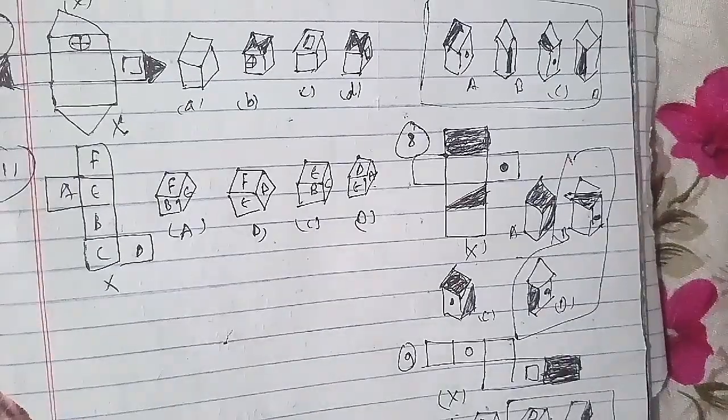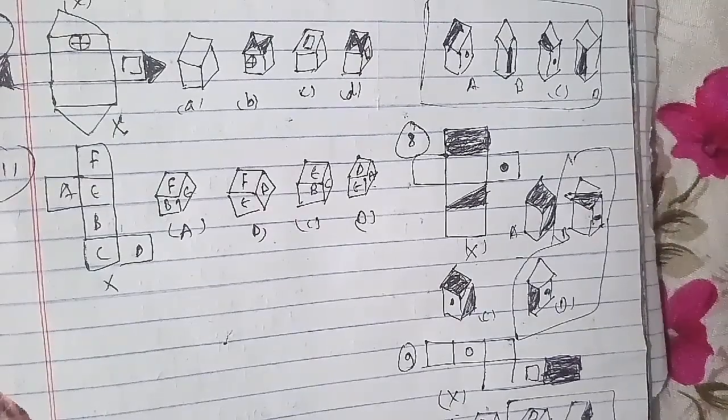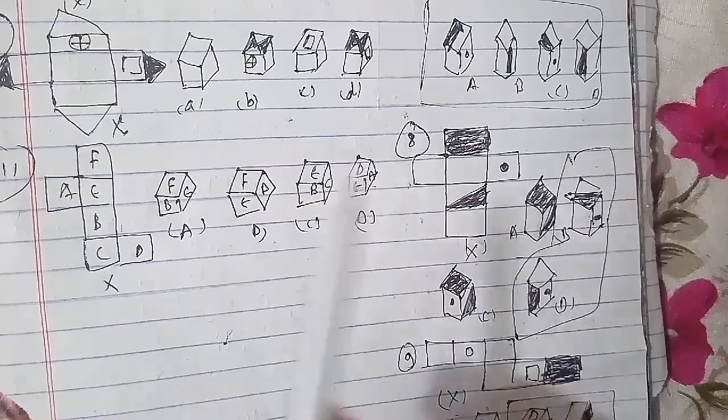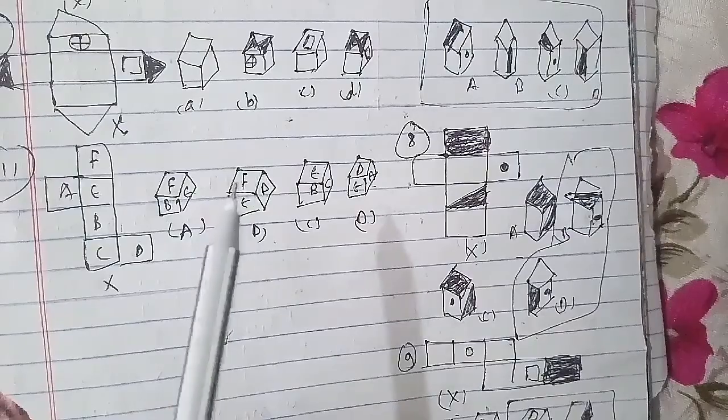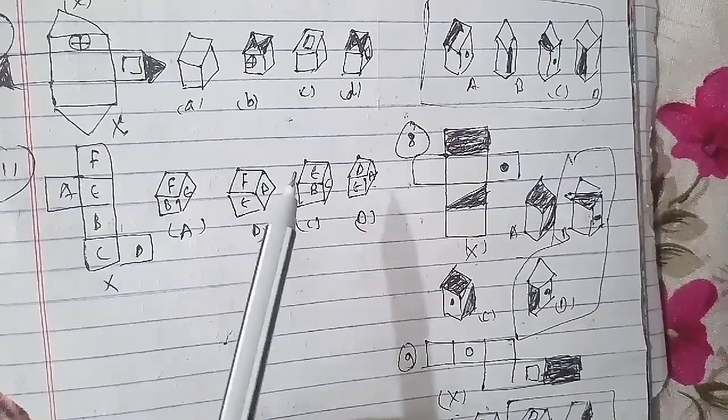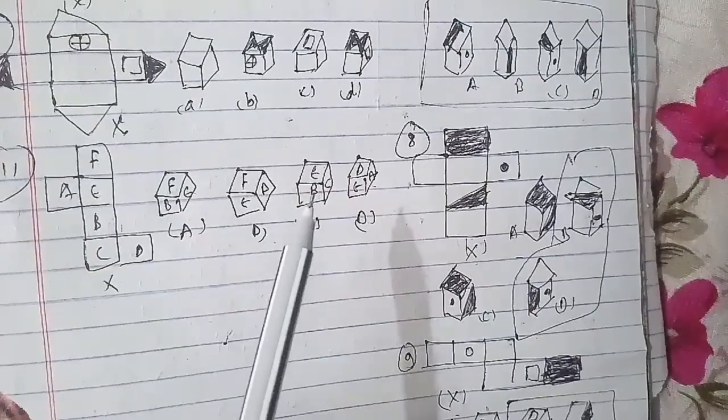For the same, we have to find out the answer, and that is the important one as well. Here figure X is the same as form 3. So when the cube is formed, F lies opposite B, E lies opposite C and D lies opposite A, and hence the pairs F and B, E and C, and D and A cannot occur at adjacent faces.